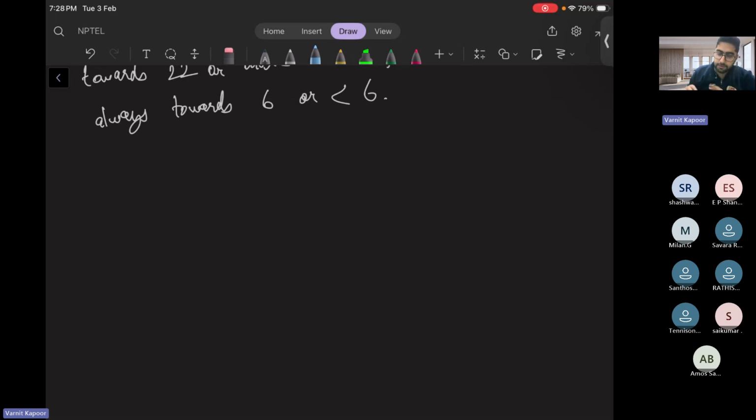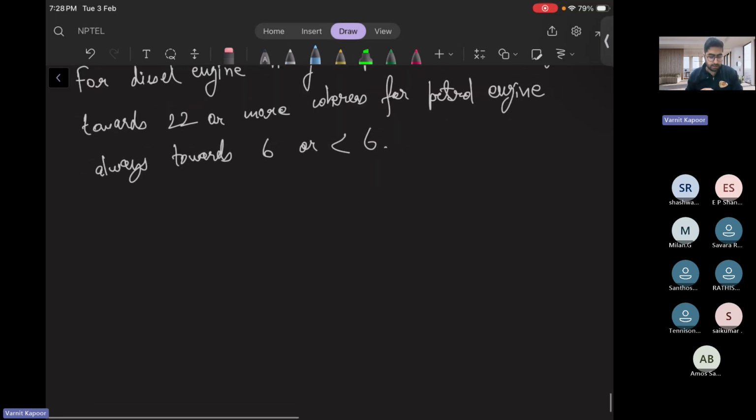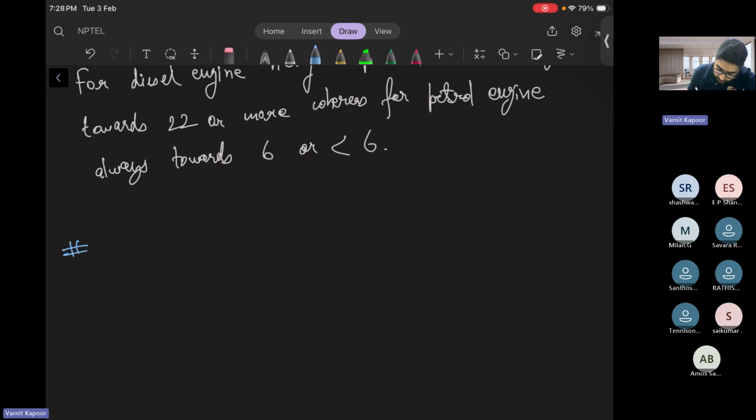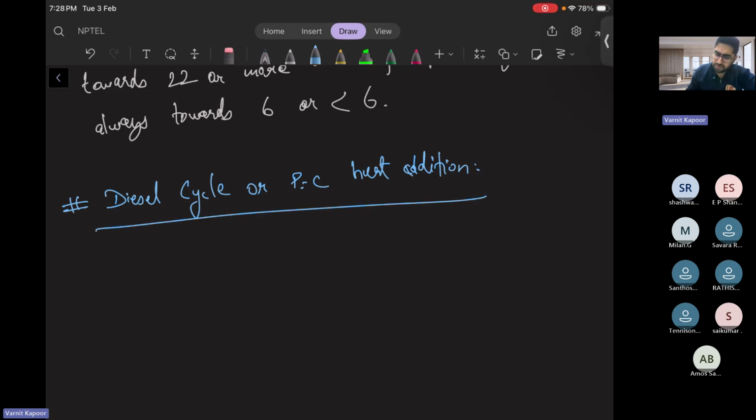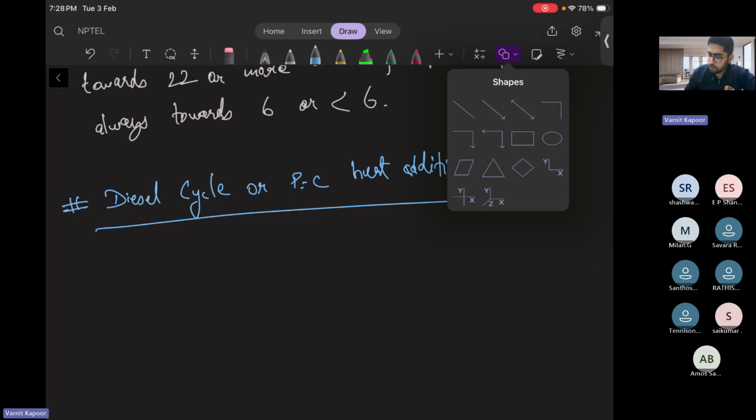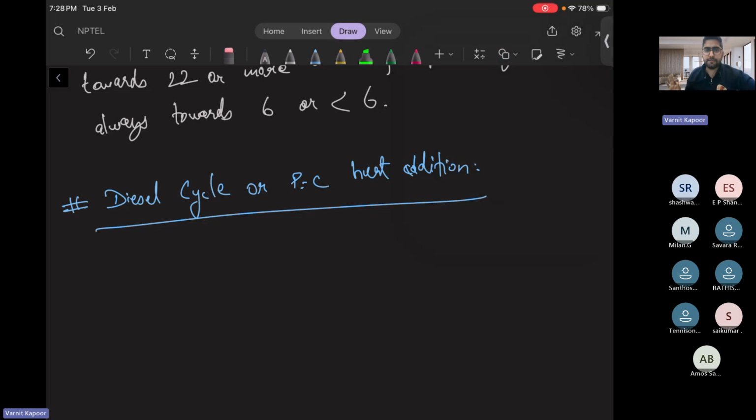We have understood how the diesel engine works. Diesel cycle, or we can say constant pressure heat addition, P is equal to constant. More or less it will be similar to the Otto cycle, except the process is constant pressure heat addition instead of constant volume heat addition.